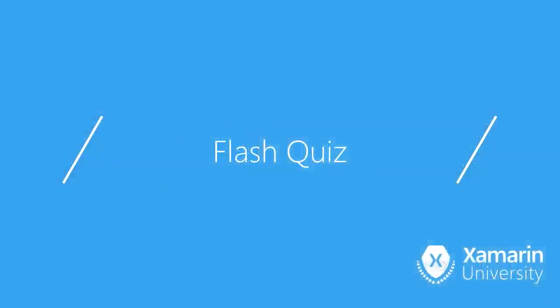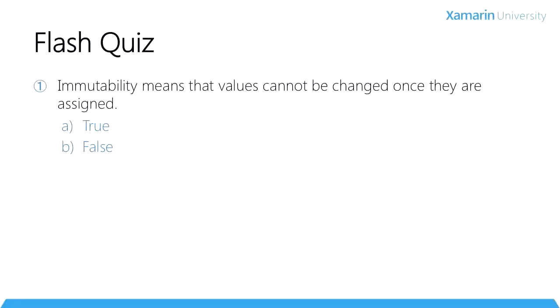So let's do a quick flash quiz. Immutability means that values cannot be changed once they're assigned. True or false? And the answer is true.